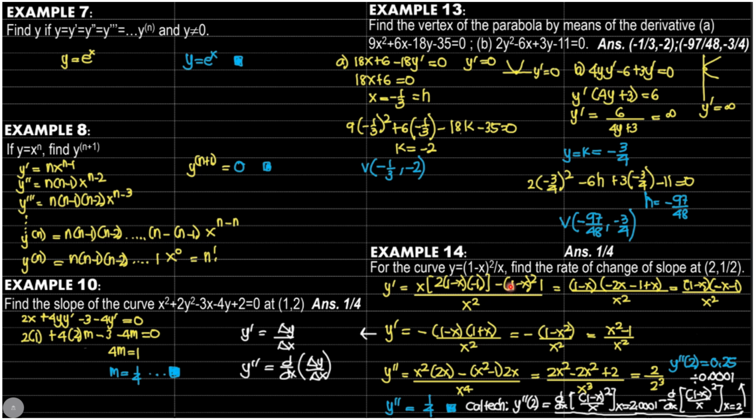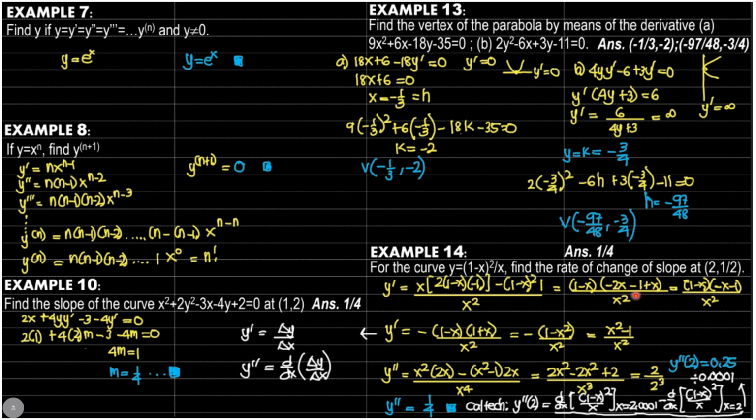Then minus the numerator (1 minus x) squared, times the derivative of the denominator x, which is 1, divided by the square of the denominator, x squared. We factor out 1 minus x, then we have negative 2x, minus quantity 1 minus x, and minus quantity 1 minus x is minus 1 plus x.